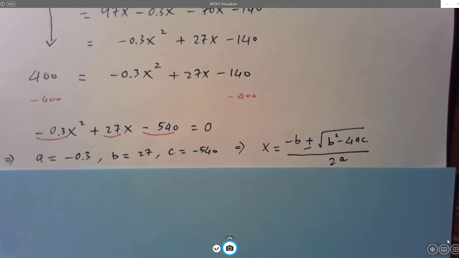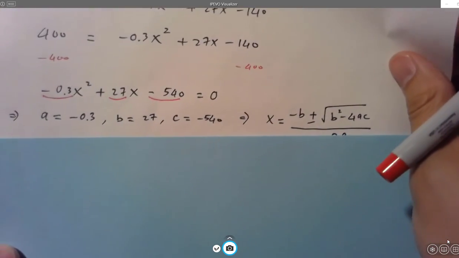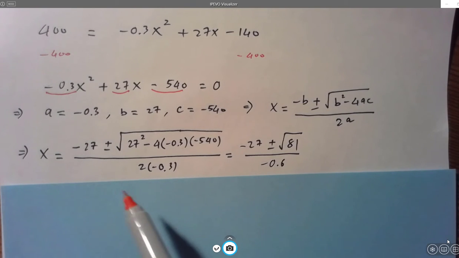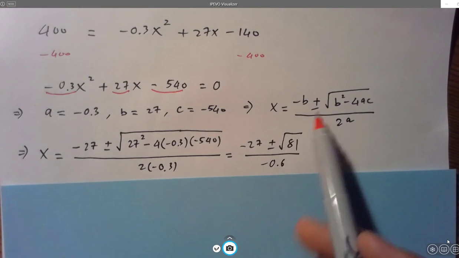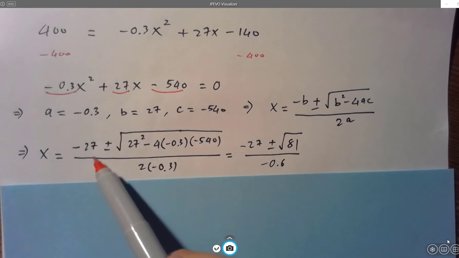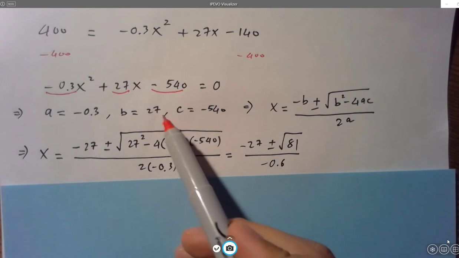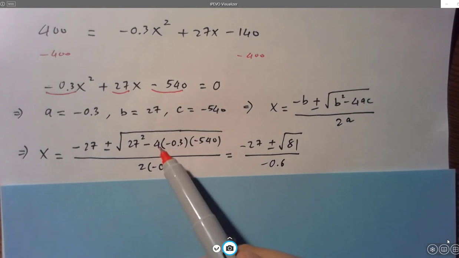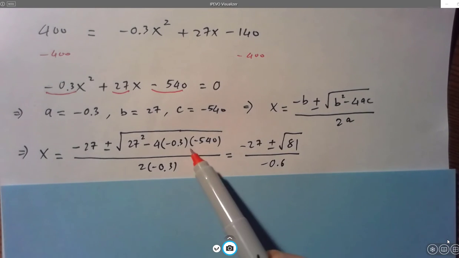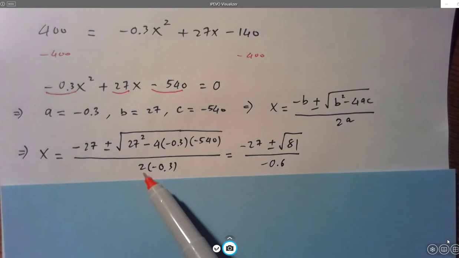So all I do now is make the substitution of a, b, c into this formula. Minus b is minus 27, plus or minus the square root of 27 squared minus 4 times a, which is minus 0.3, times c, which is minus 540, divided by 2 times a, 2 times minus 0.3.